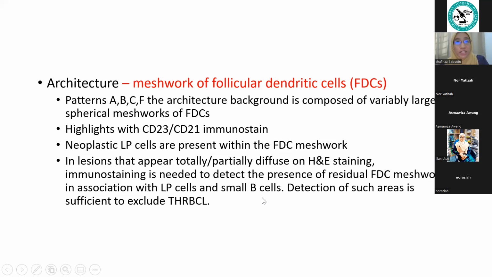If you find such areas, then it is sufficient to exclude T-cell histiocyte-rich B-cell lymphoma, and it may be a variant pattern of nodular lymphocyte predominant Hodgkin lymphoma. So performing CD21 and CD23 to look for residual follicular dendritic cell meshwork is very crucial in our workup.